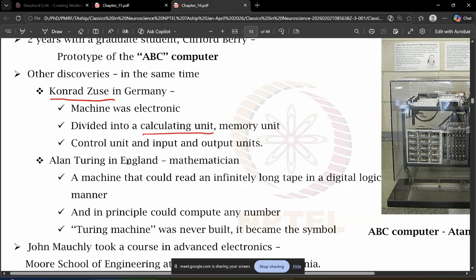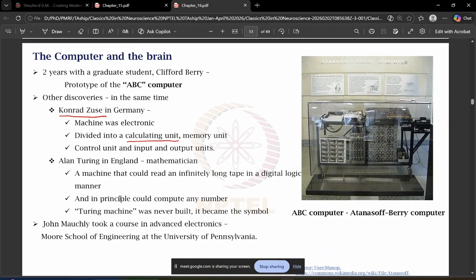But of course, if you think about it, this kind of machine, which can read an infinitely long tape, cannot exist in practical life, right?